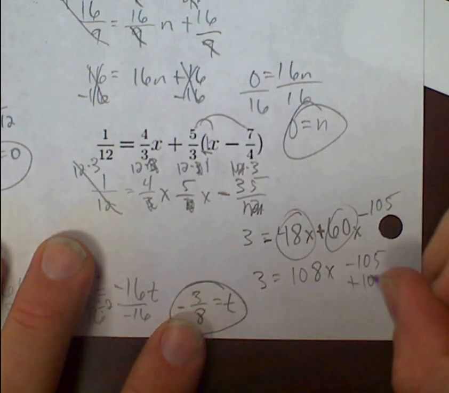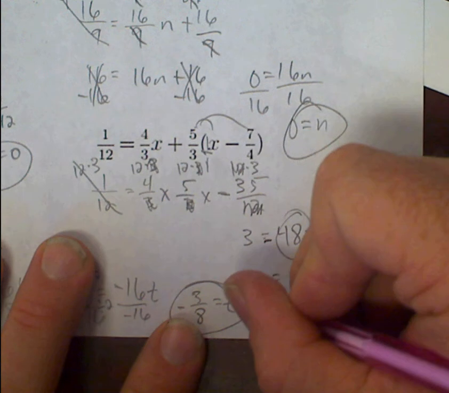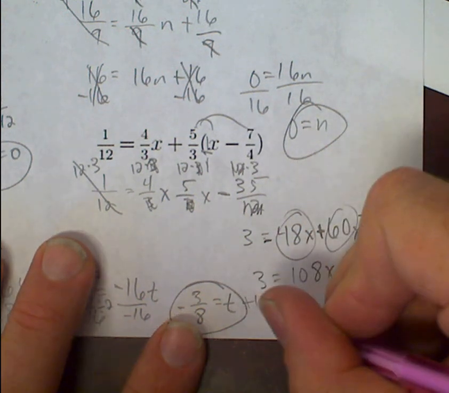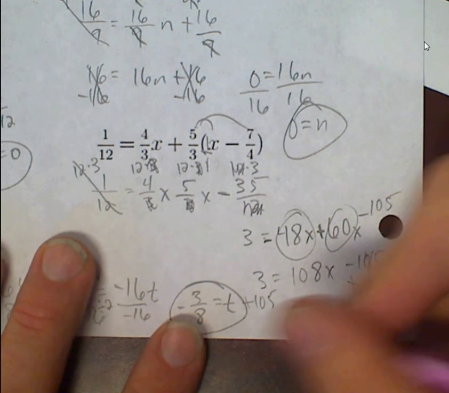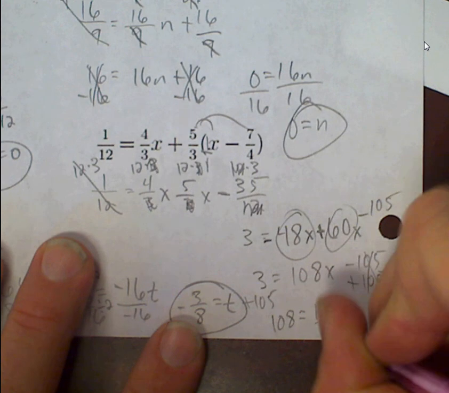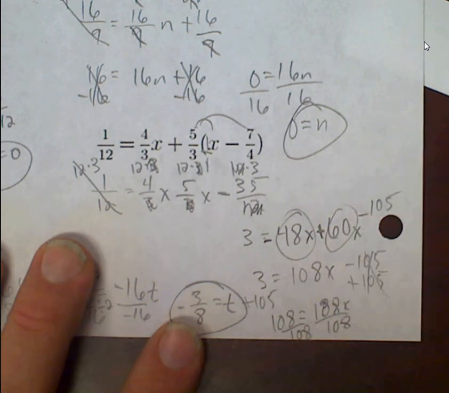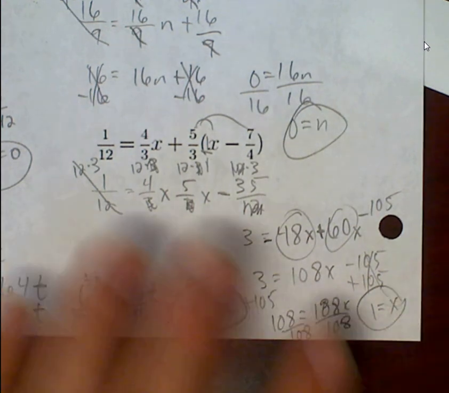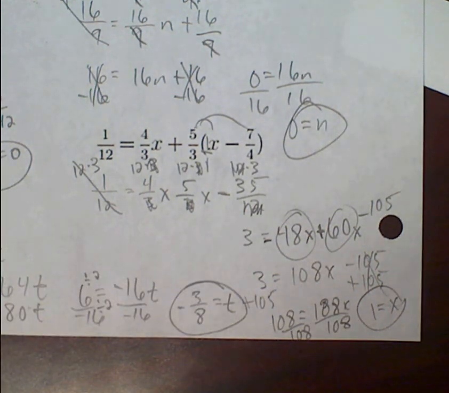Get rid of negative 105, so add 105. 3 plus 105 is 108, equals 108x. Divide by 108. 108 divided by 108 is 1. x equals 1. And we are done.